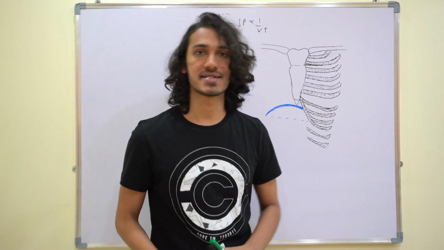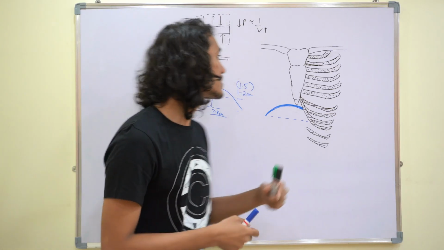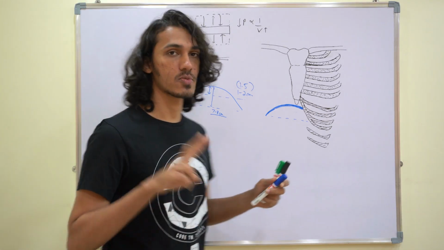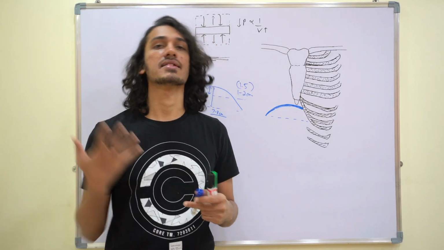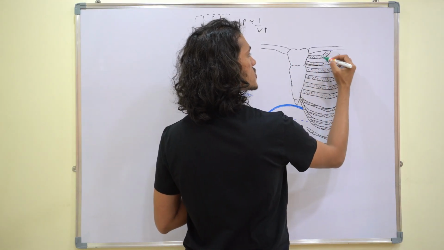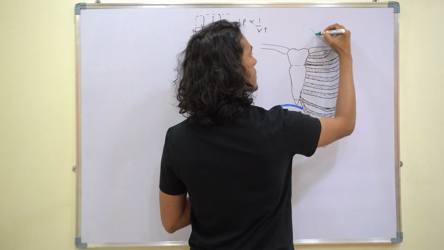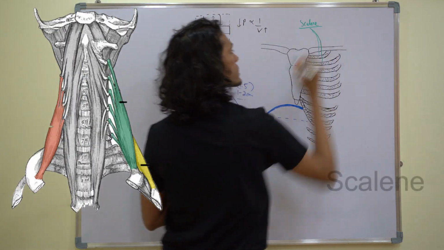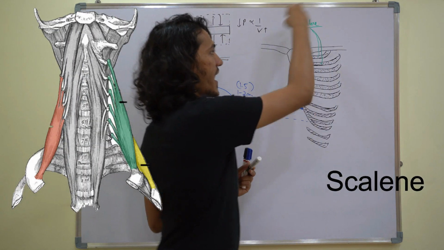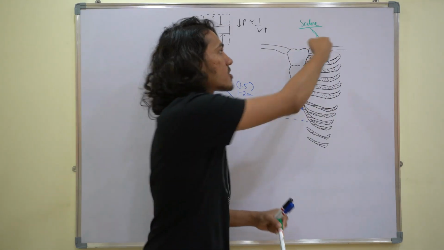especially these accessory muscles. The first among them that you need to understand is two muscles called the scalene muscle and the serratus muscle. We got the first two ribs over here. So from here, the scalene muscle acts on the first and the second rib. And what does it do?